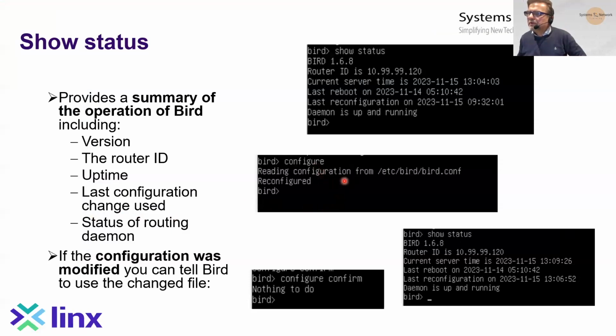We've looked at the configuration before that allows you to choose between different configurations. And if it's up to date, you can use this configure confirm command that says whether there's any changes that you've made to the configuration or not. So while it's live, you can modify the configuration file and then use the command configure, and it will reconfigure the changes that you make sort of on the fly.